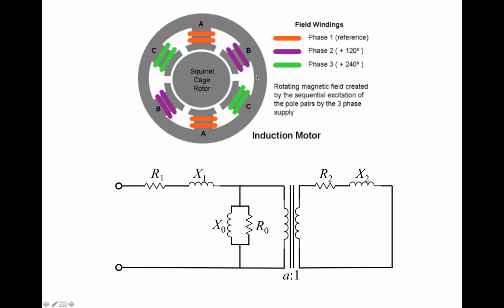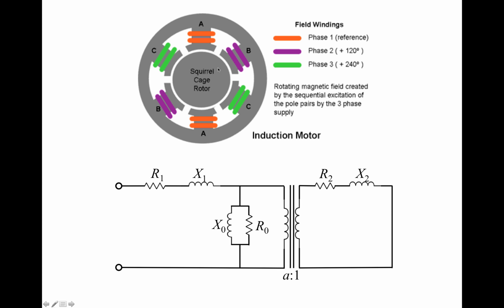In the induction machine, the magnetic field then goes across the air gap between the stator and the rotor. Right here, there's a small air gap, the separation between the rotor and the stator.